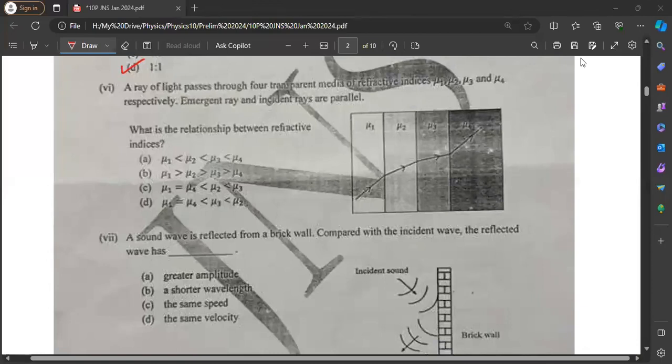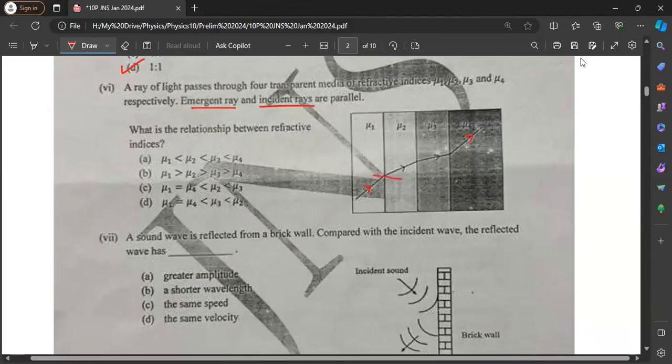Now, in question number 6, they are saying the light passes through 4 transparent mediums, and the emergent ray and the incident ray are parallel to each other. So this and this are parallel to each other. So what is the relationship they're asking?